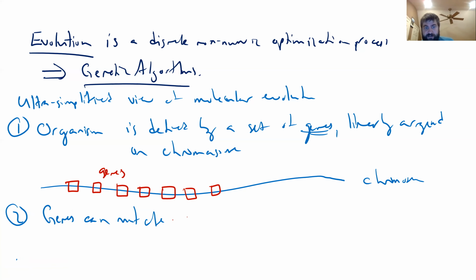The first is that mutation is a random process, both in terms of what gene mutates and in terms of the change made to that gene.